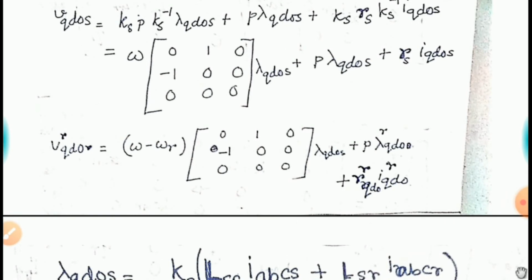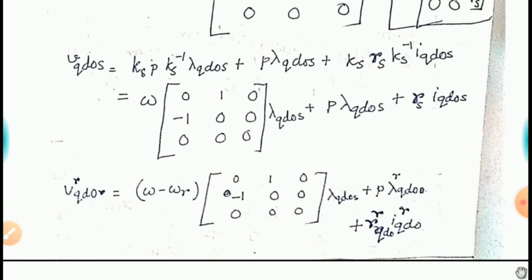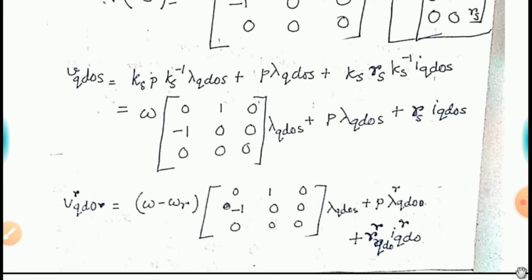Now one more thing I would like to say, and that is very important in this context: this PQT0S was the transformation of your QD0S, that is rotating at a speed omega.